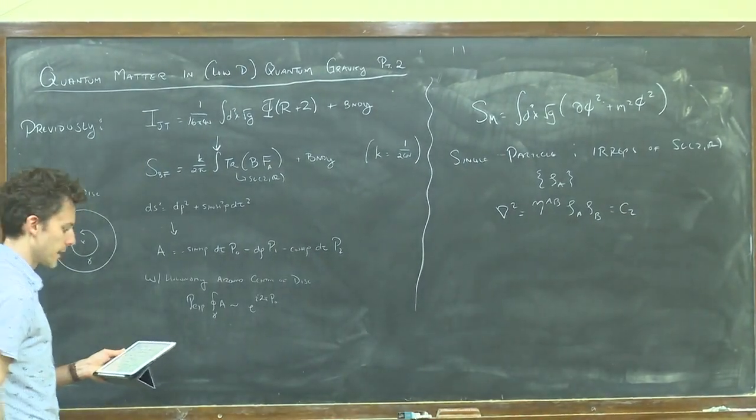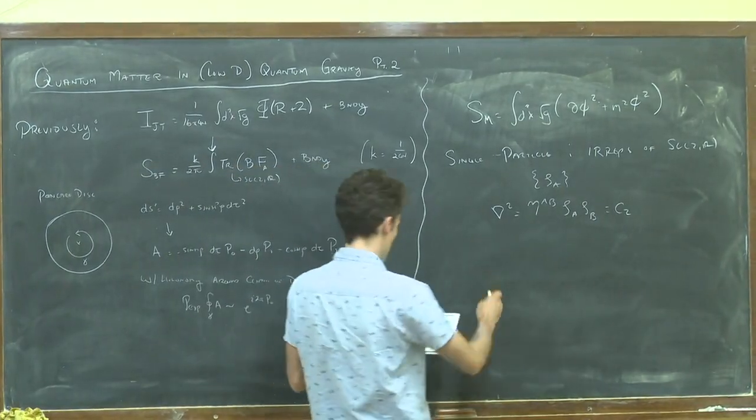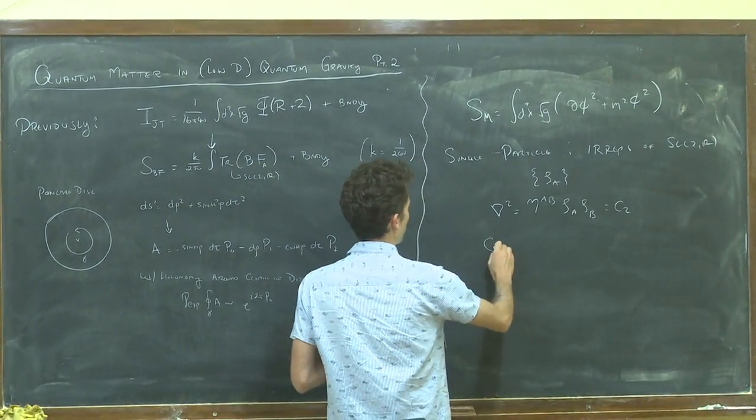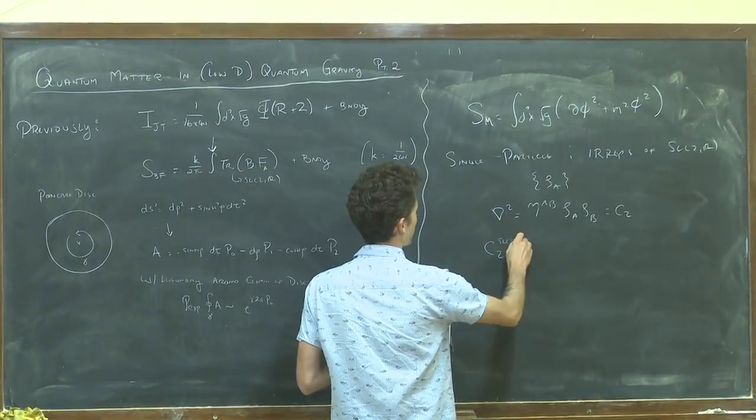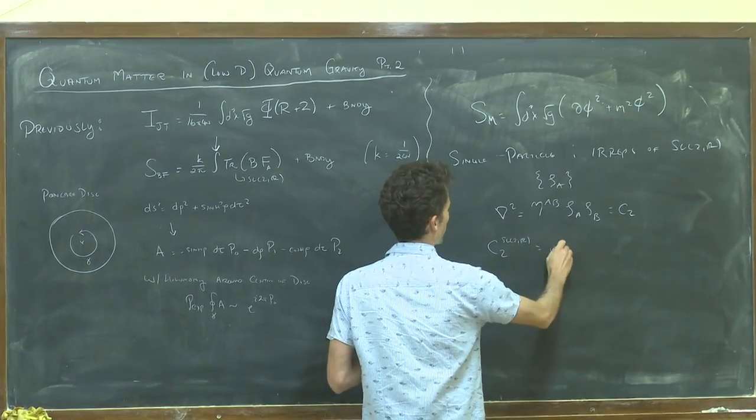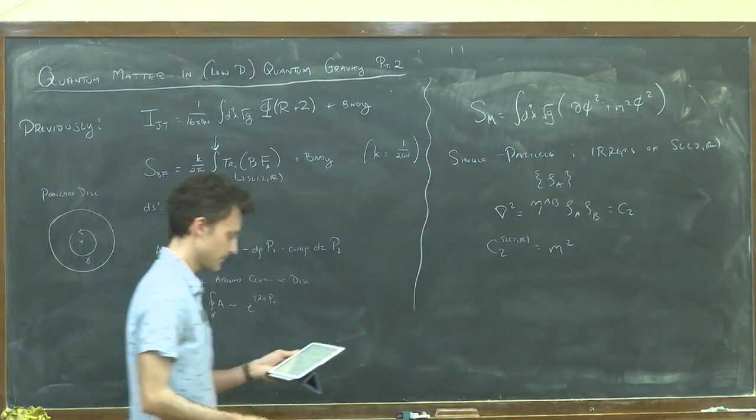So this tells us that the mass shell condition for the scalar field is nothing more than setting this Casimir equal to m squared, okay?